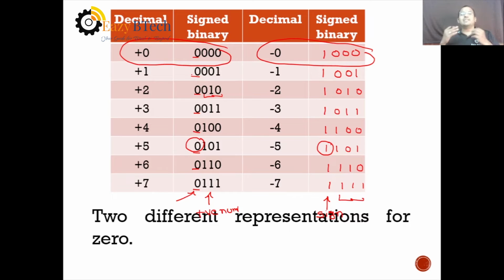Because in general plus 0 will not have a different value from minus 0. Both have the same value. But in signed magnitude representation, we have two different representations for plus 0 as well as minus 0. So two different representations for 0 is the drawback of the signed magnitude representation.